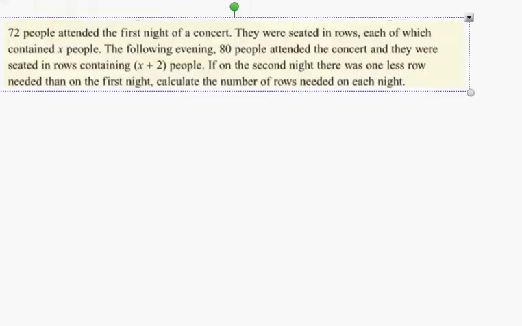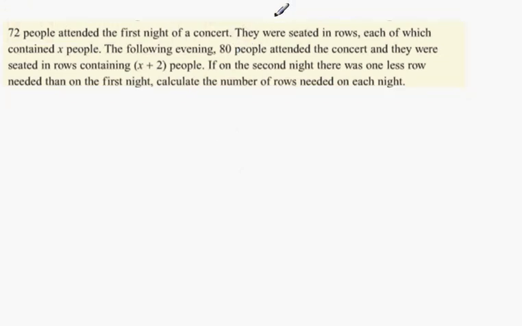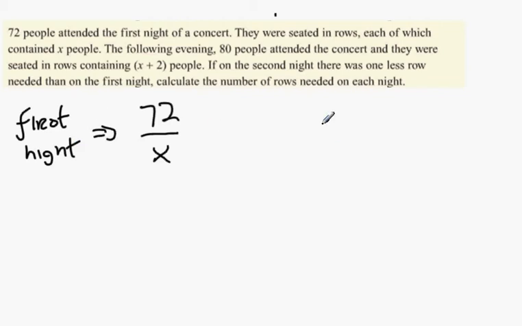Next question. 72 people attended the first night of a concert. They were seated in rows, each of which contained x people. Number of rows equals 72 divided by the number of people per row. So the first night number of rows is 72 over x.